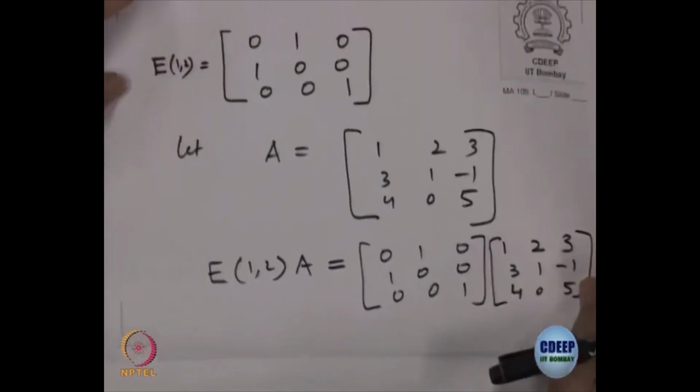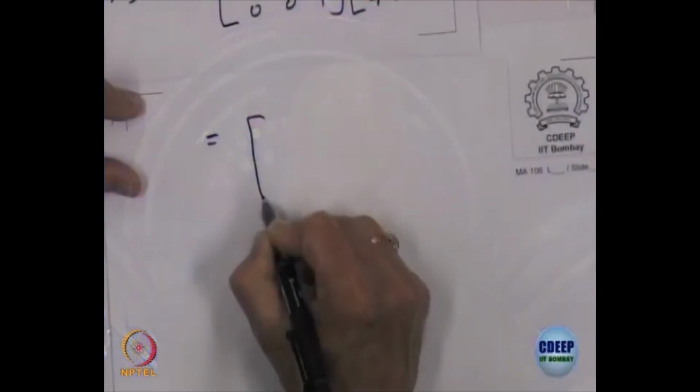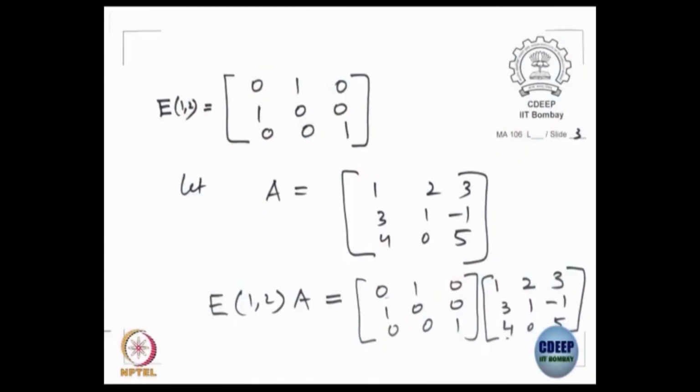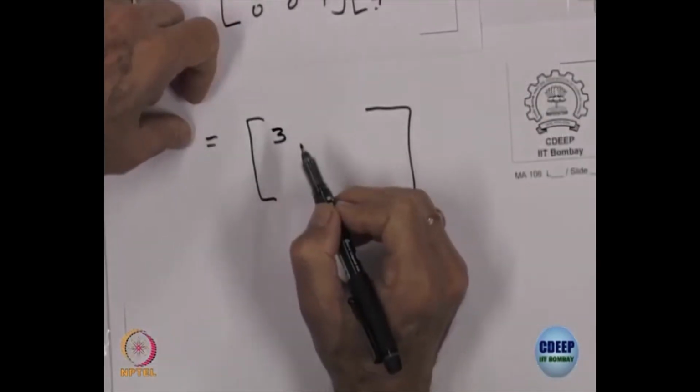Let us multiply them. What do we get? What will be the first entry? This row multiplied by this column and added up. 0 into 1 is 0, plus 1 into 3 is 3, plus 0 into 4. So, that is 3. Is it okay?